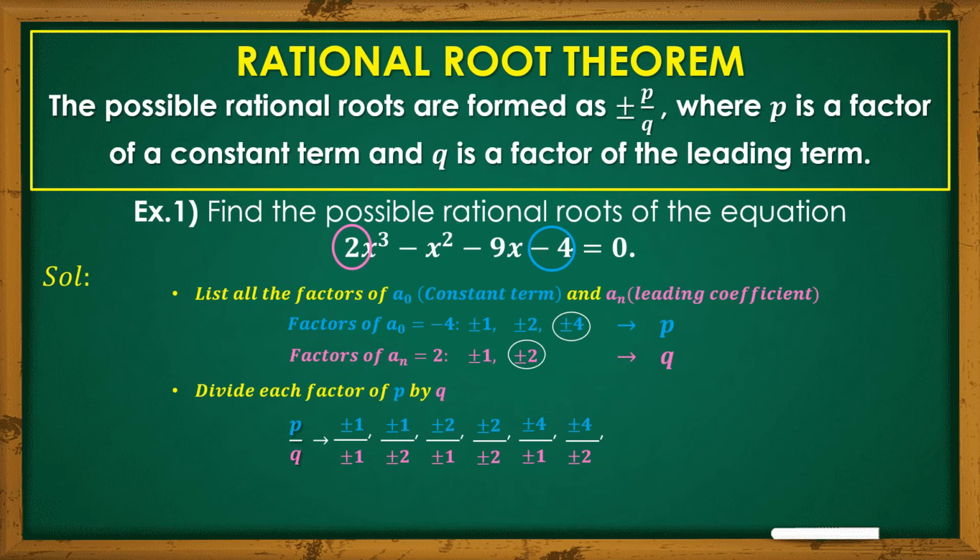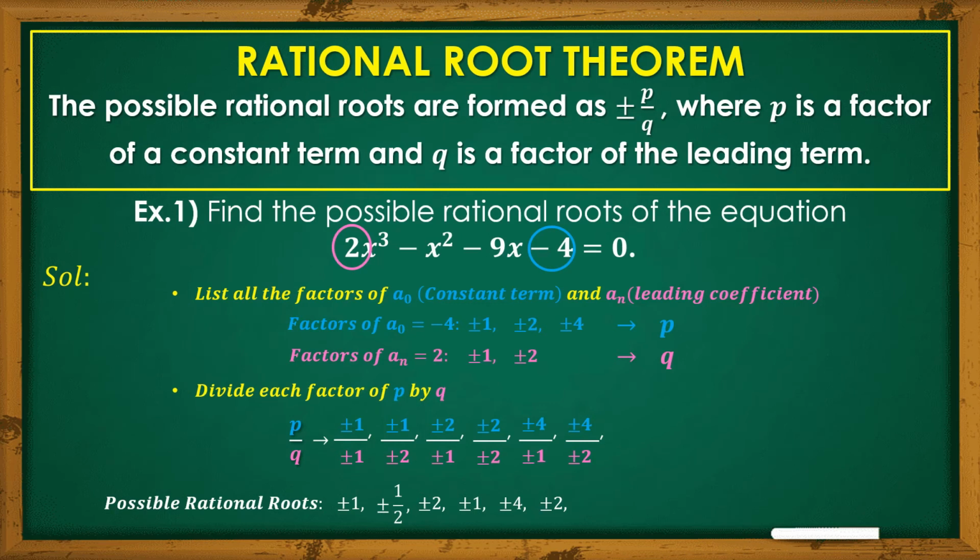Now, let's simplify para makuha natin ang possible rational roots. 1 over 1 is 1, 1 over 2 is 1 half, 2 over 1 is 2, 2 over 2 is 1, 4 over 1 is 4, and 4 over 2 is 2. Take note, meron tayong mga naulit na value, which is the positive and negative 1 and the positive and negative 2.